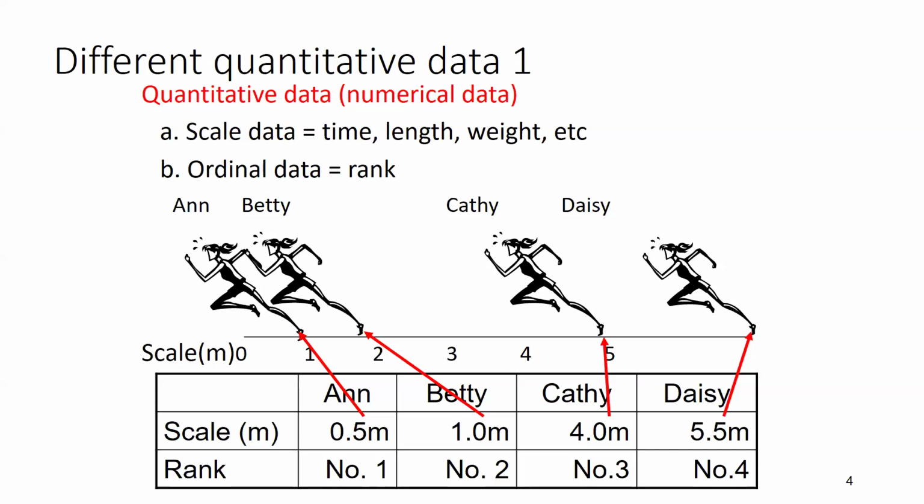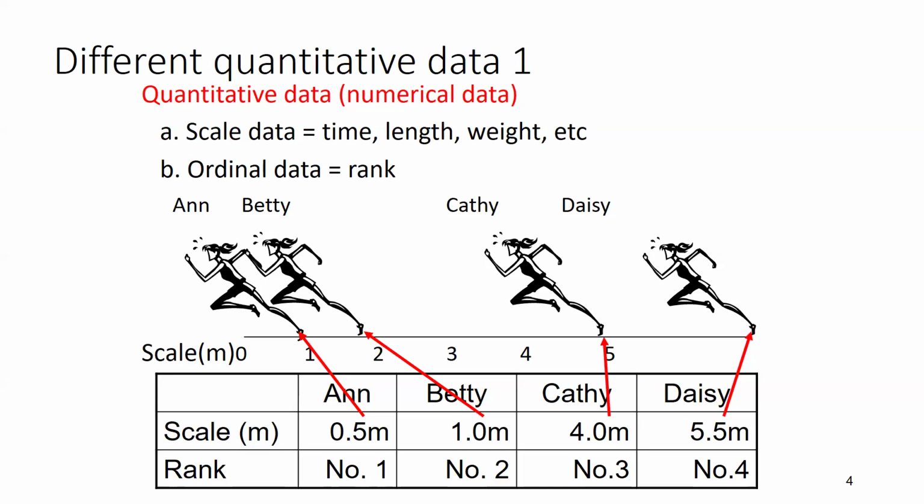Let's see this example. Some people are running a marathon. You can see Anne is running 0.5 meter, Betty 1 meter, 34 meter, Daisy 5 meter. These are not the lengths these people are running, but the length each one is ahead of another one.